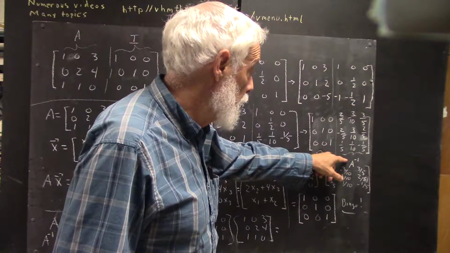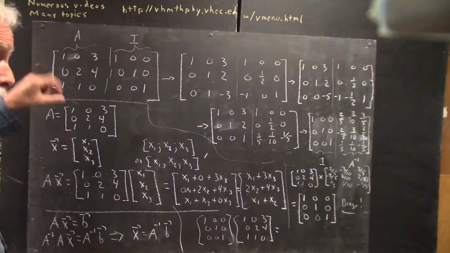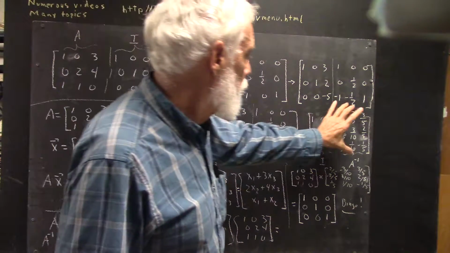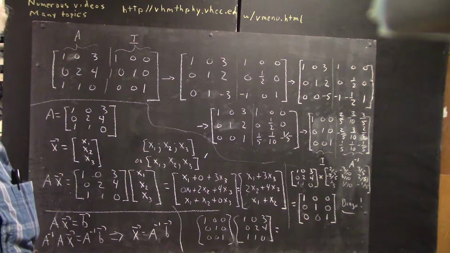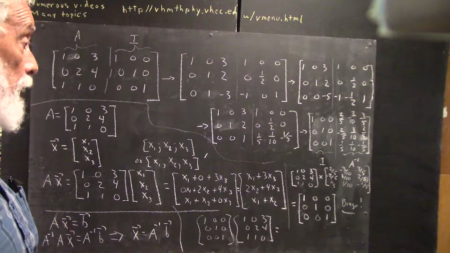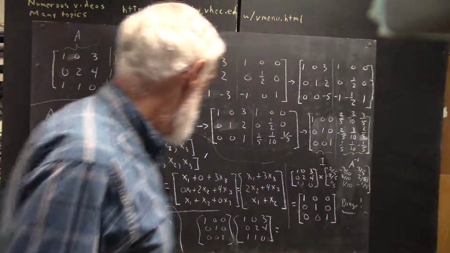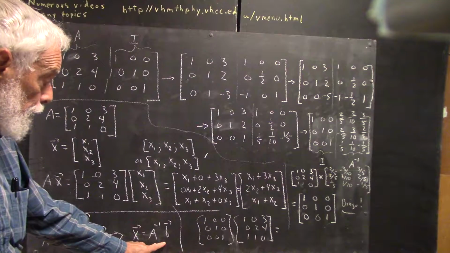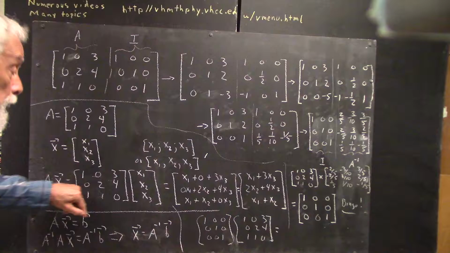So what you get here will be the inverse matrix. You reduce this matrix to the identity, and you take whatever you get over here, and that's your inverse matrix. Now, I'll go through that process for these matrices, but that's the process. Once you get the inverse matrix, you can multiply it by whatever your B matrix is here and get the X, which when multiplied by the A matrix gives you B.